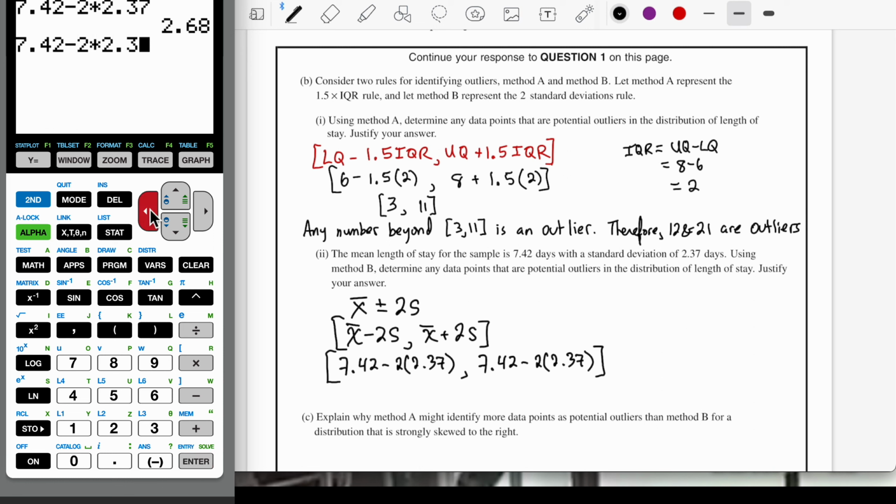Second enter, minus becomes a plus. Now I have my upper bound. All right, 2.68 to 12.16.